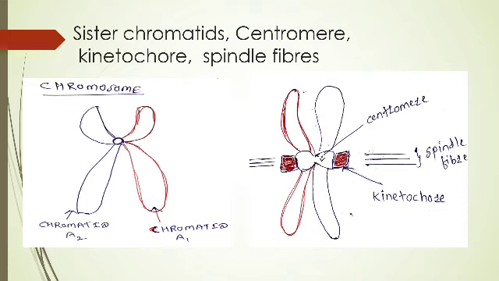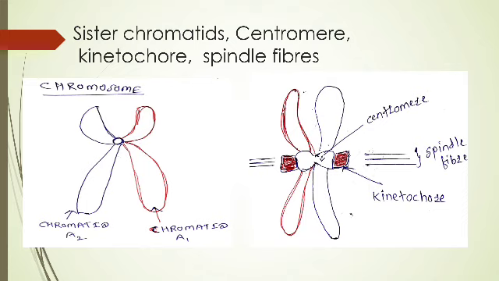That means the kinetochore is the protein attached to the centromere on both sides. Both sister chromatids bear the kinetochore on their centromeres, and on this protein there is a binding site for attachment to the spindle fibers.